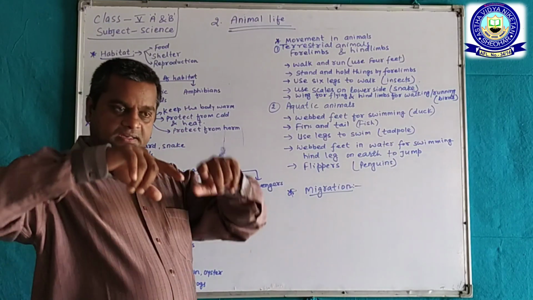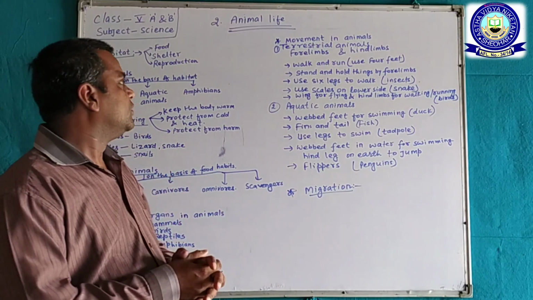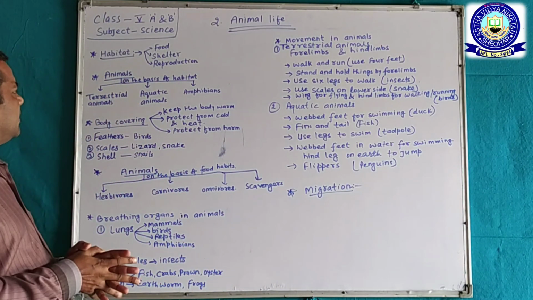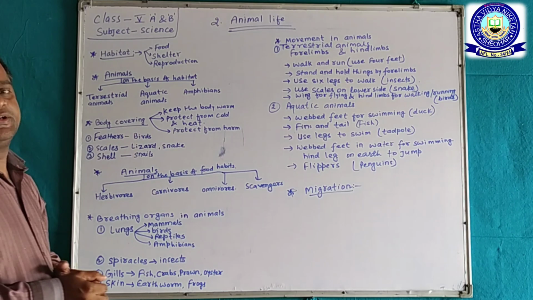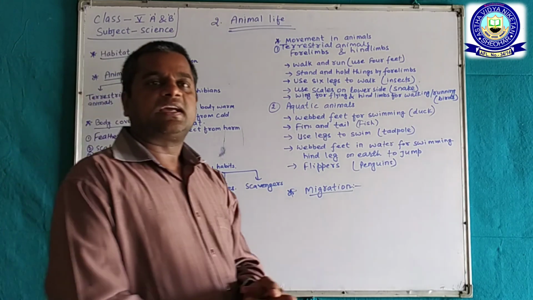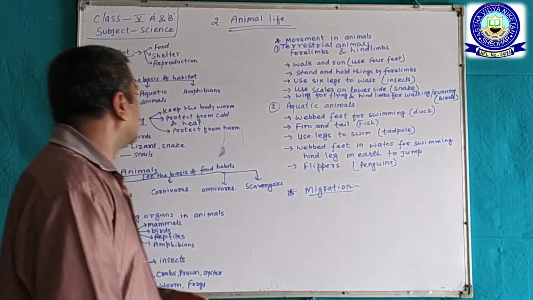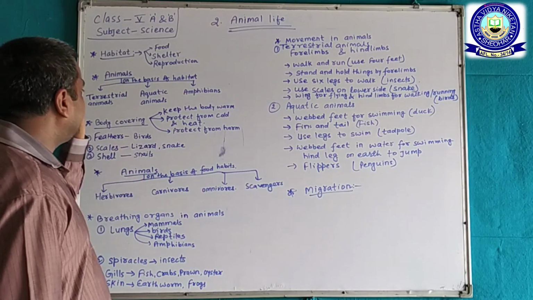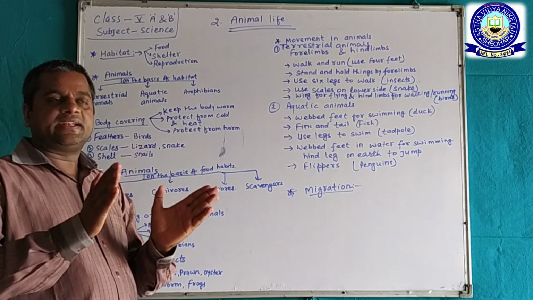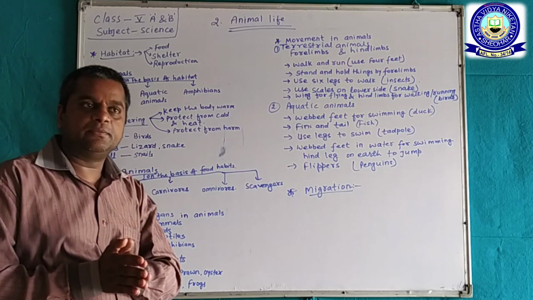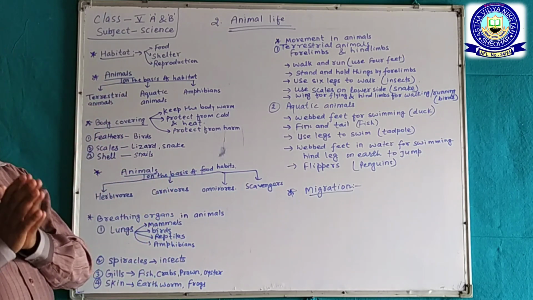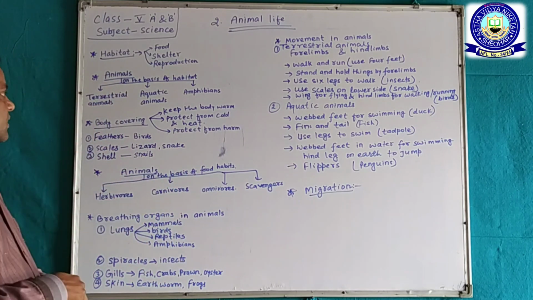their habitat. Okay, and on the basis of habitat, animals are classified into three groups, and those are terrestrial animals, aquatic animals, and amphibians.